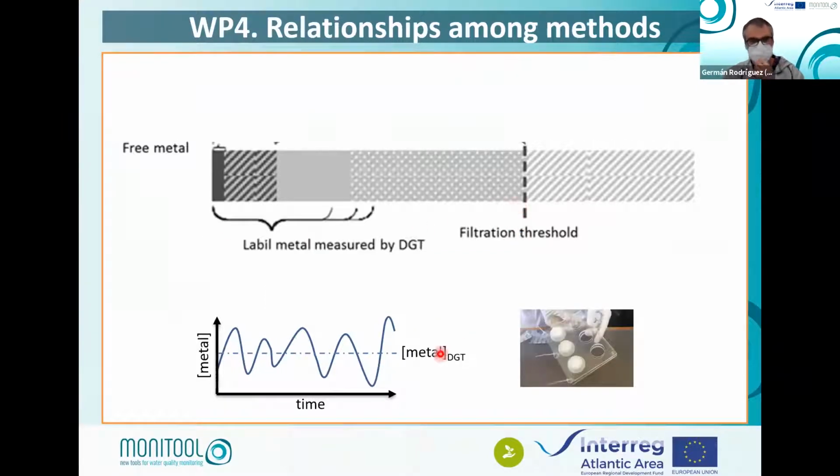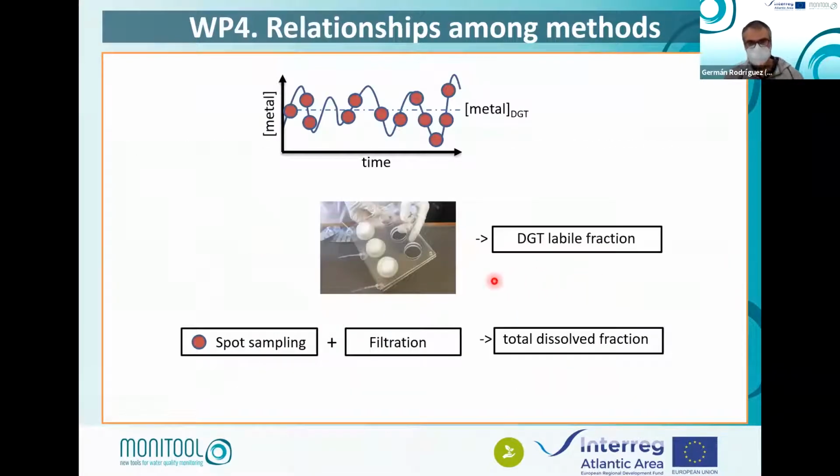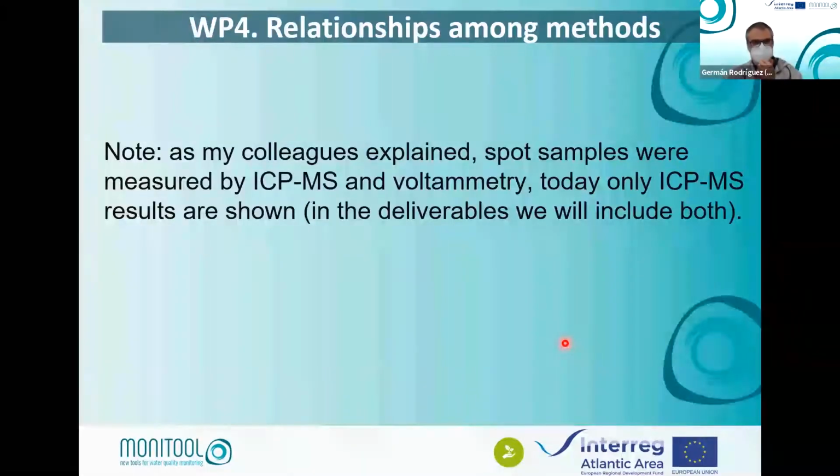And with DGTs, in the same period, they were exposed in the water, and we can get the labile metal content measured by DGTs. So we are trying to compare two different methods, and also two different fractions of the metal content: DGT labile versus total dissolved.